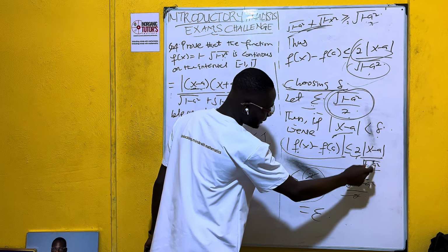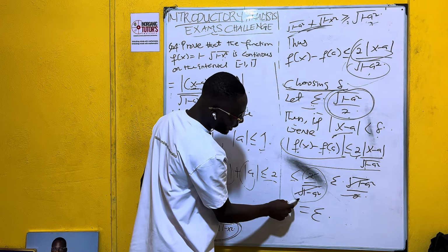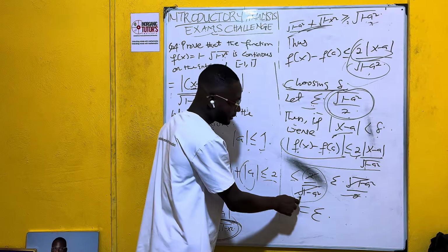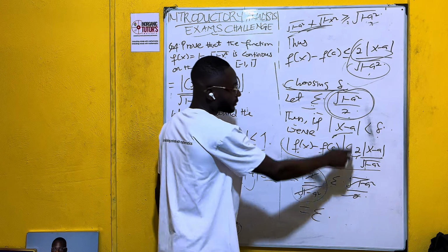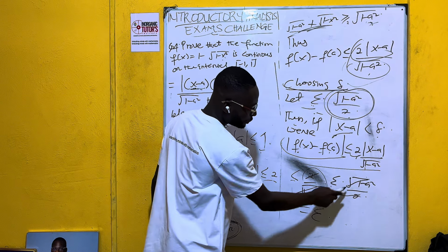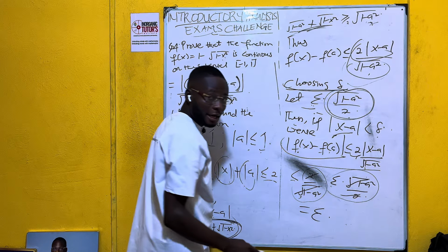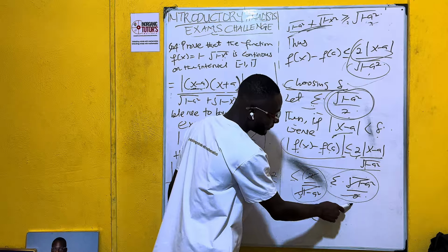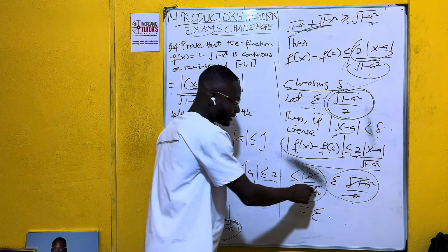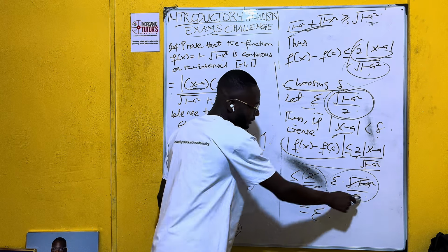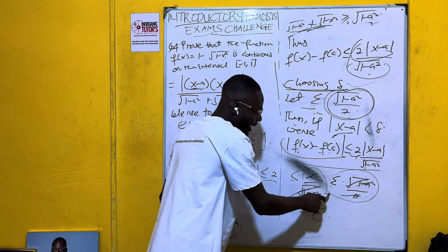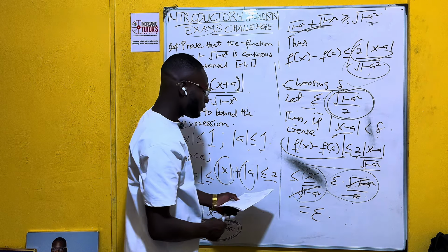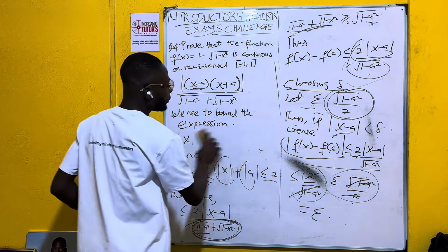This will be less than 2 over the square root of 1 minus a squared times epsilon times what? Square root of 1 minus a squared divided by 2. And we can clearly see that this cancels this and this also cancels this. So we see that epsilon remains. So we come here.